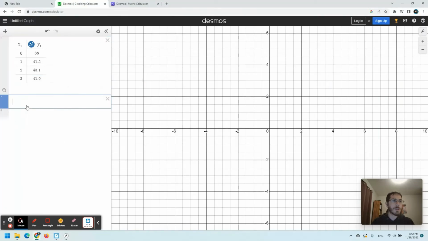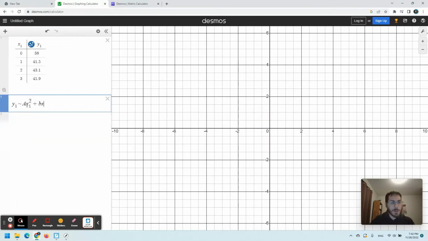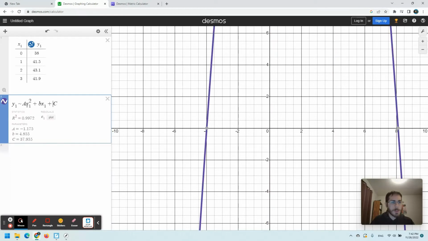All right, we type in our little code, y1 tilde ax1 squared plus bx1 plus c.